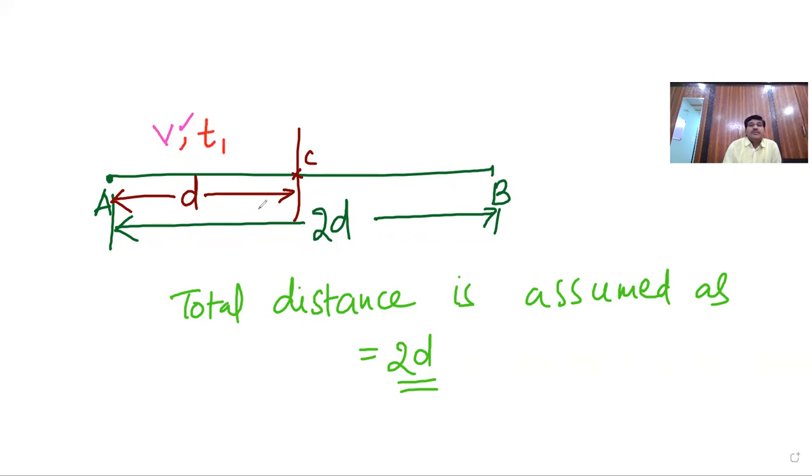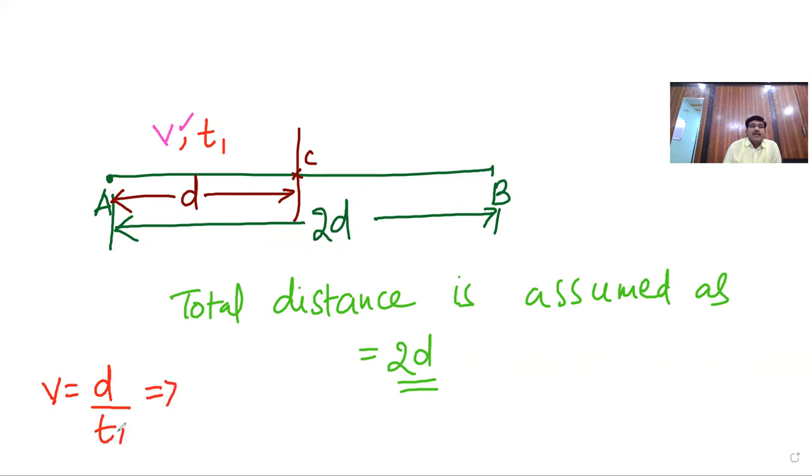Now I am applying directly the speed formula for this half distance, so that I will get the unknown time T1. So observe, what is the speed? Speed V is equal to distance D by time T1.